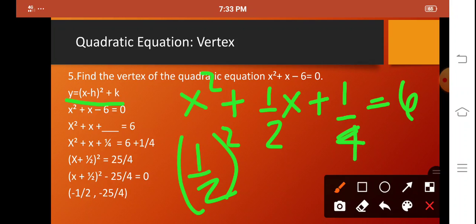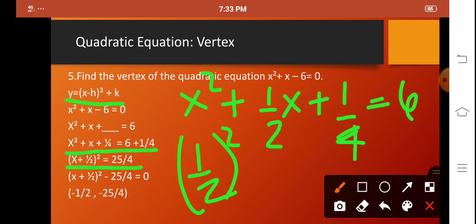That is why we add 1/4 in the left side, and we also add 1/4 in the right side. So the result now is the square of the quantity x plus 1/2 is equal to 25 over 4.